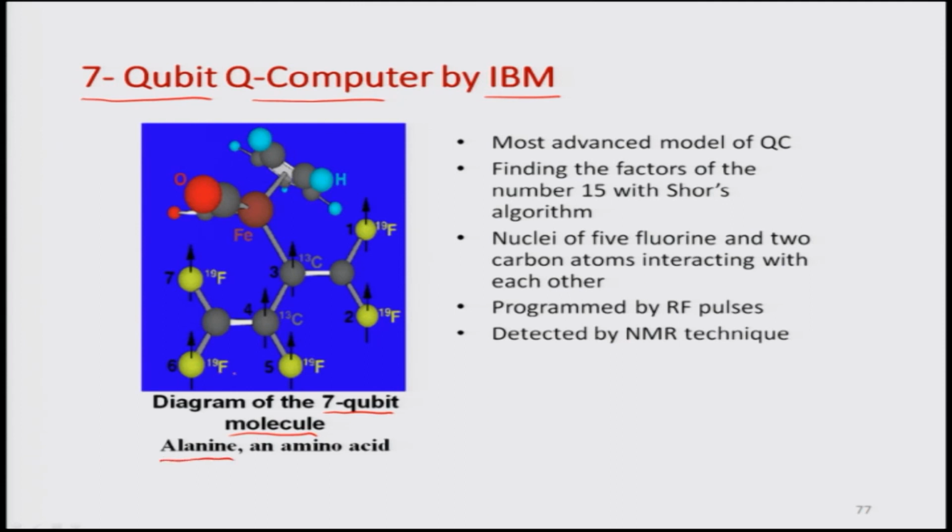So, the fluorine 19 has been used as one of the qubits in this case, 5 fluorine 19 and 2 carbon 13 makes the 7 qubit molecule. This has been used for finding the factors of the number 15 with Shor's algorithm, and so these are the 5 fluorine and the 2 carbon atoms as we mentioned, and the programming in these cases is essentially done with the RF pulses, because those are the ones which enable the unitary transforms, and it can be detected by NMR technique.